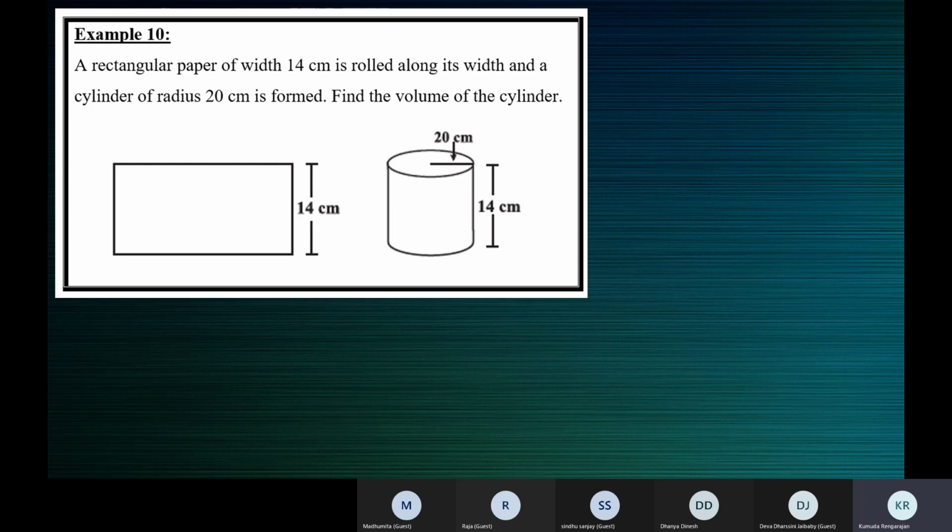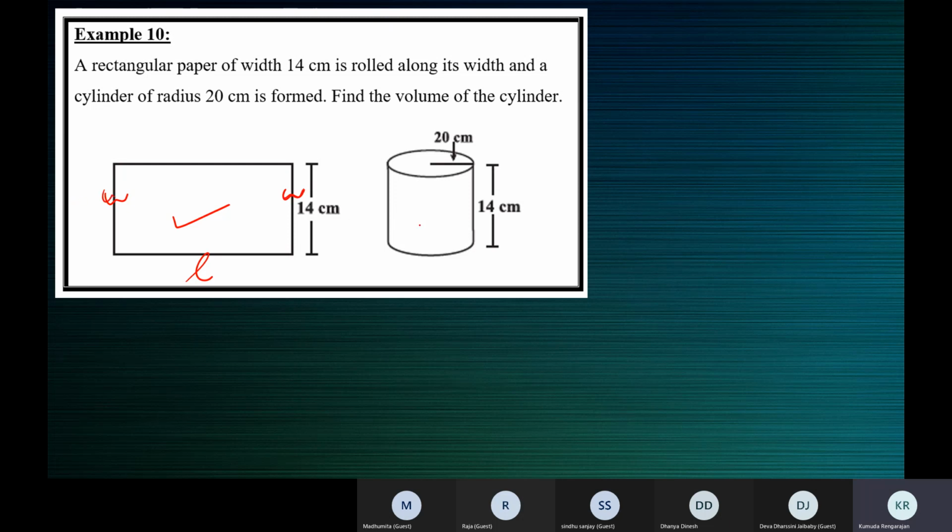A rectangular paper of width 14 centimeters. You can see the rectangular paper here. The length is not known. Width 14 centimeters is rolled along its width. You can see in the next figure, this width and this width are brought together by rolling.